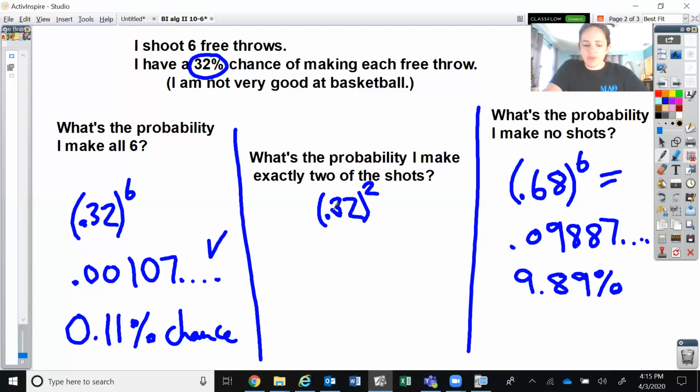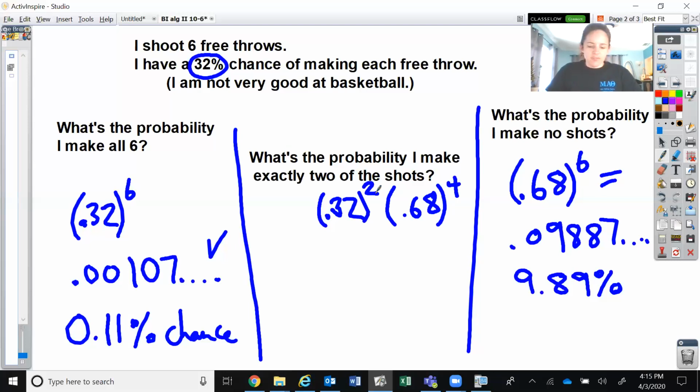If I make 2 of the shots, it means I'm going to miss 4 of the shots, and I have a 68% chance of missing each shot, and I would need to miss 4 of those shots. And so this would be the probability, except there are different ways that I could make exactly 2 of the shots.